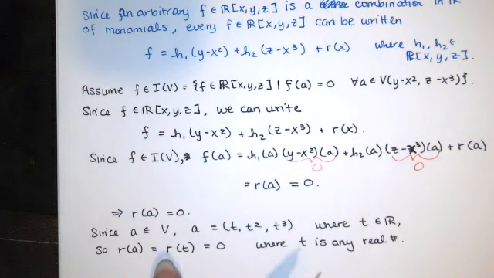Well, we know that if r of t is equal to 0 and this t is coming from the field R, which is an infinite field, then r of t has to be the zero polynomial because of Proposition 5.